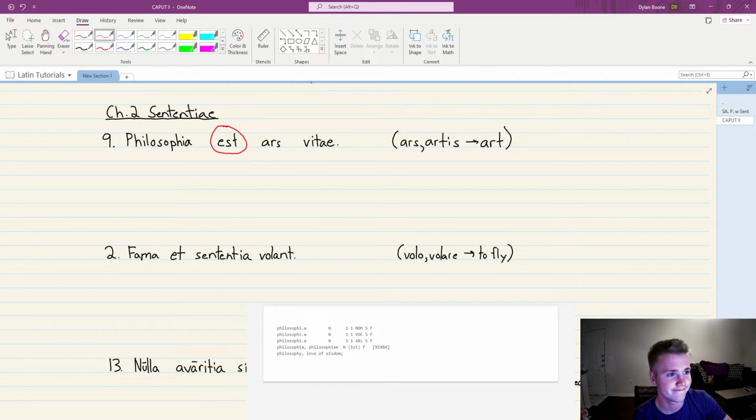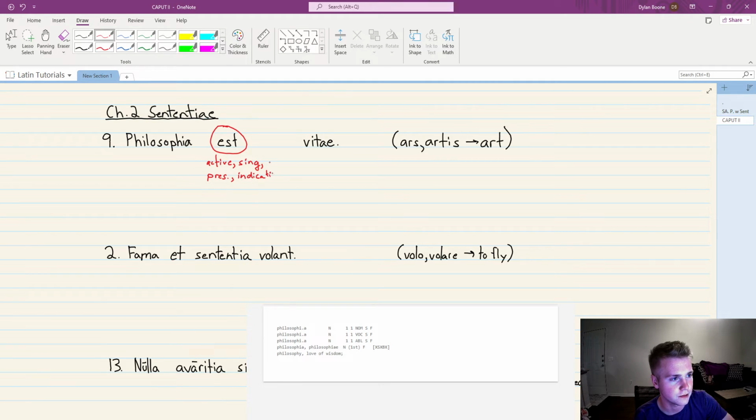So est, if we're going down the order of things, is active voice, singular, present, indicative.